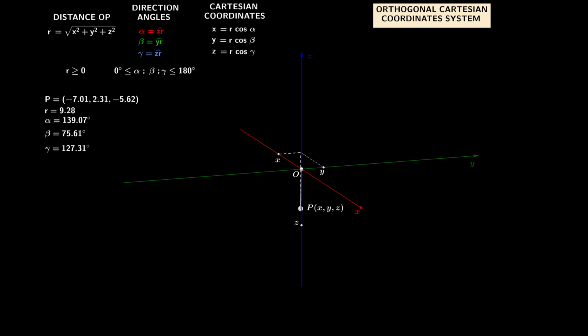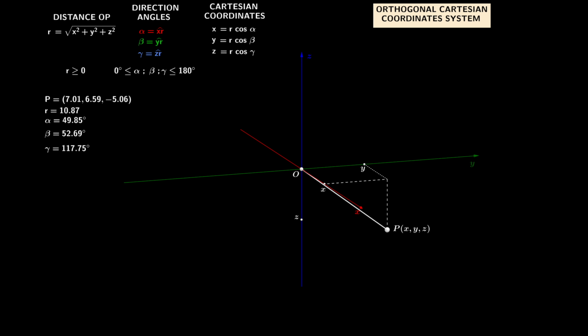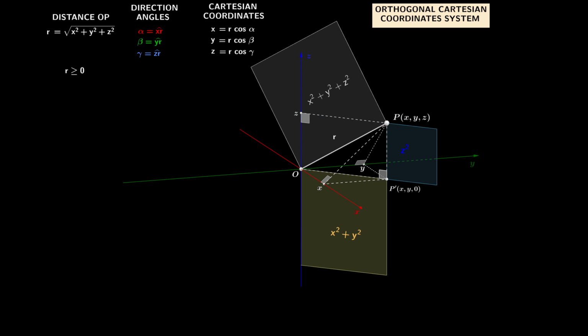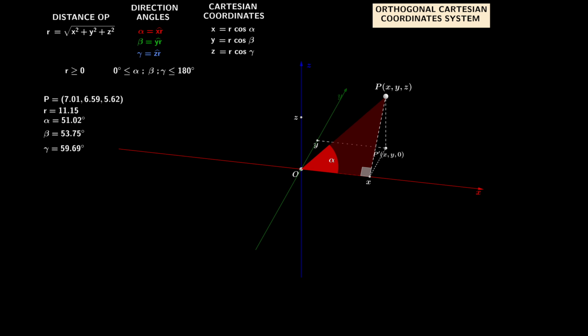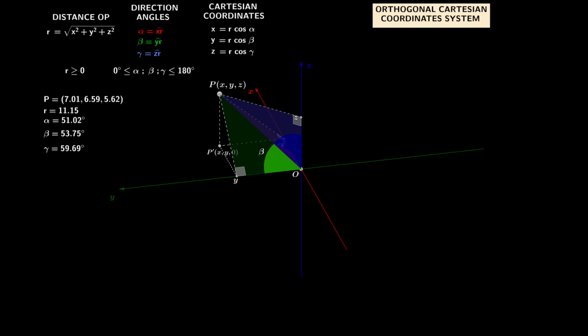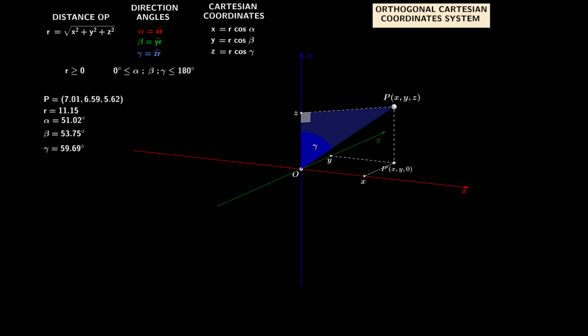Given the 3 Cartesian coordinates of a point P (x, y, z), the distance between point P and origin O and the direction angle amplitudes are: r equals the square root of x squared plus y squared plus z squared; alpha equals the inverse cosine of x over r; beta equals the inverse cosine of y over r; gamma equals the inverse cosine of z over r.